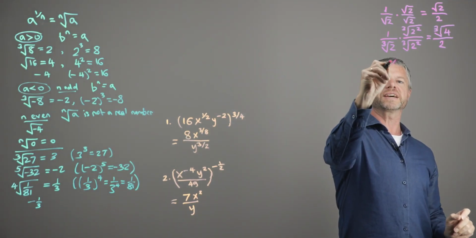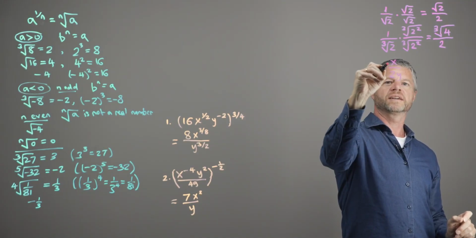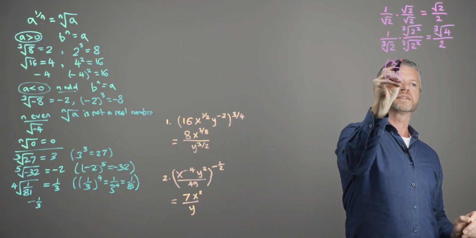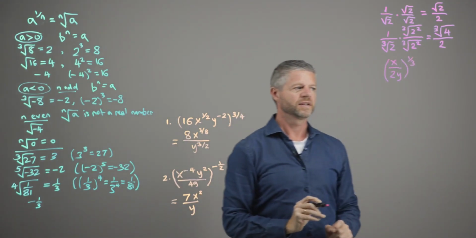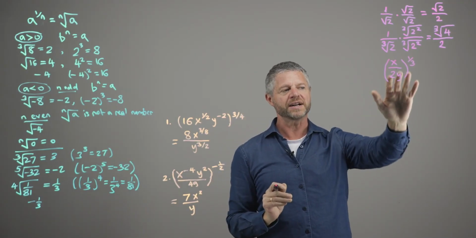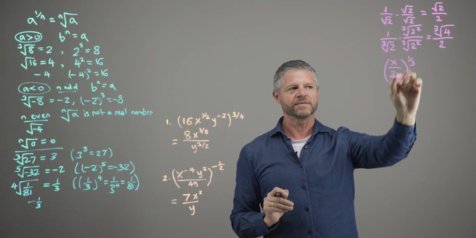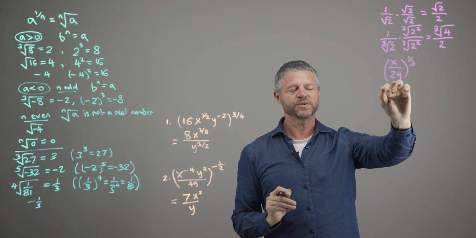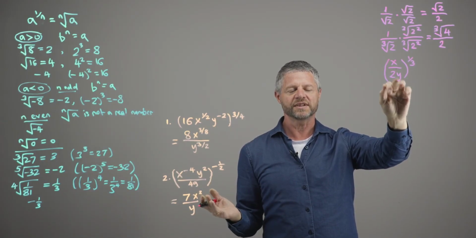So let's suppose I have this expression here, x over 2y, and the 1/3 power. Okay, which is fine as it is, but we do have a fractional exponent in the denominator here. So we have a root in the denominator.